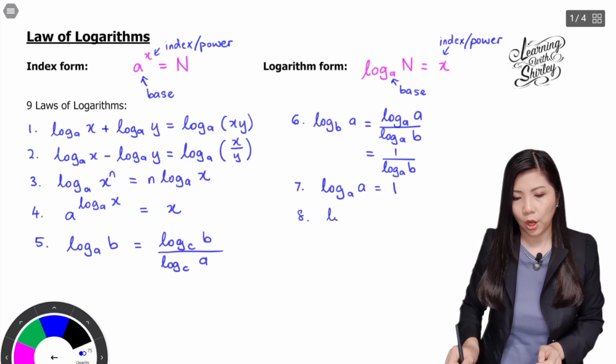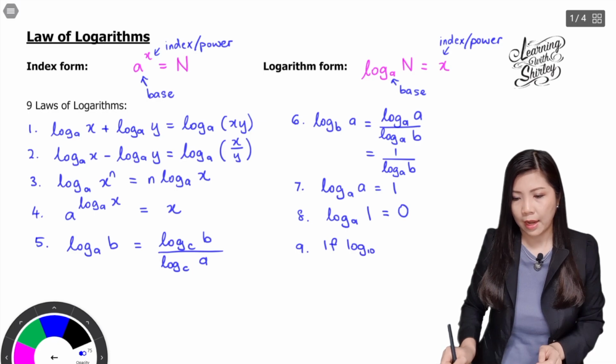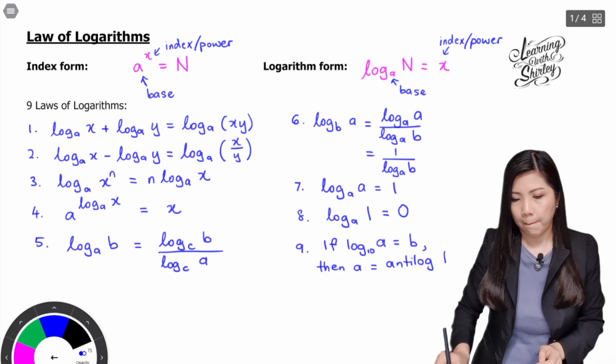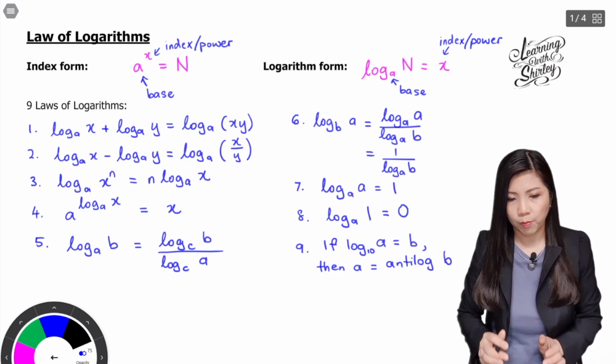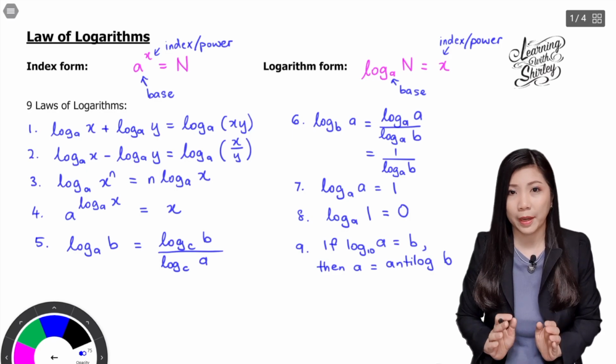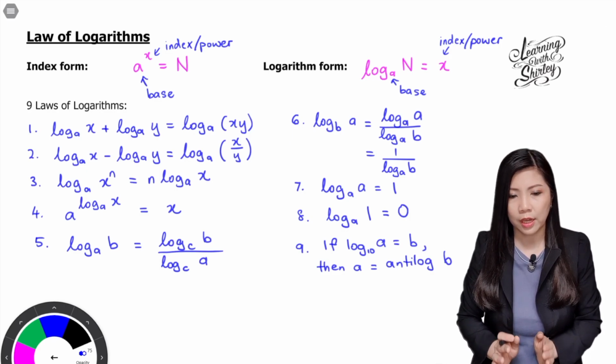Number 8, log a 1 equals 0. And lastly, number 9, if log base 10 of a equals b, then a equals antilog b. So memorize all these 9 laws of logarithms by heart. It will help you to solve the questions in this chapter.